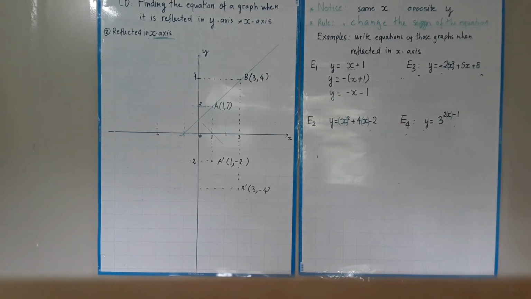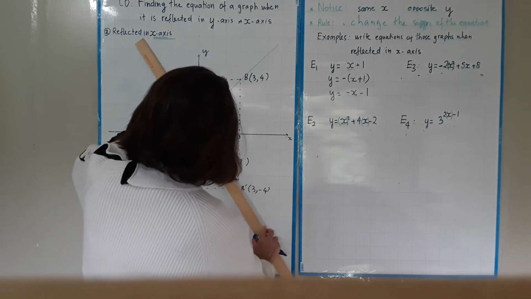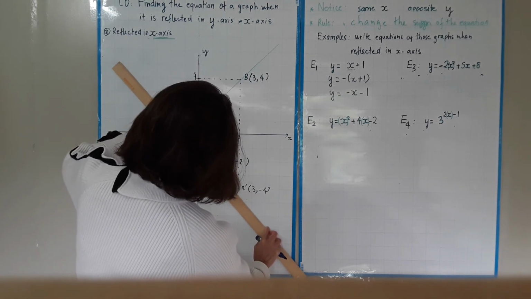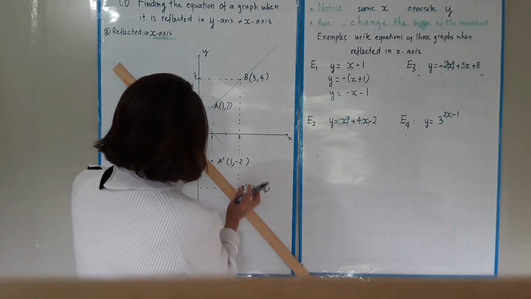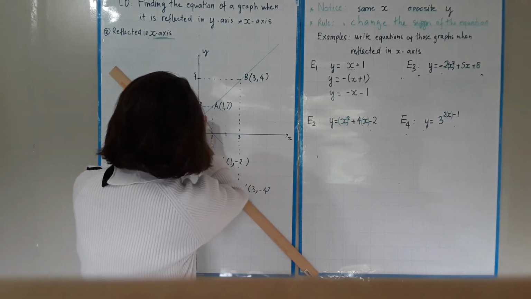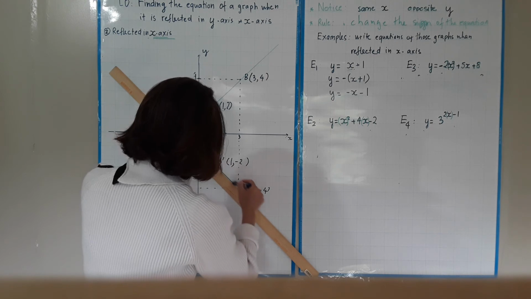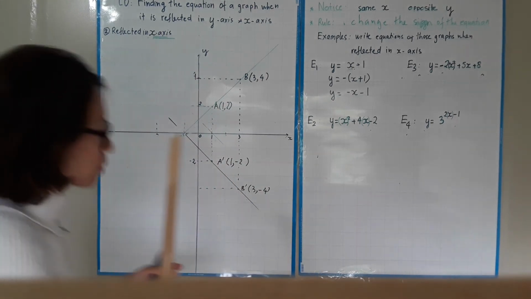And it's actually the line crossing B, A dash and B dash. That is the thing.